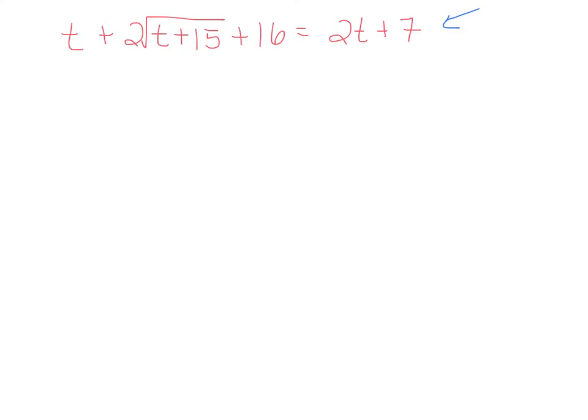Now we want to get everything that's not a radical on one side and isolate the radical square root of t plus 15. So let's subtract t and subtract 16 from both sides.